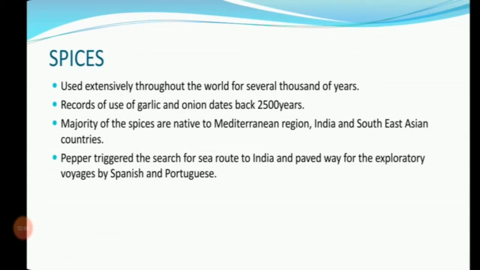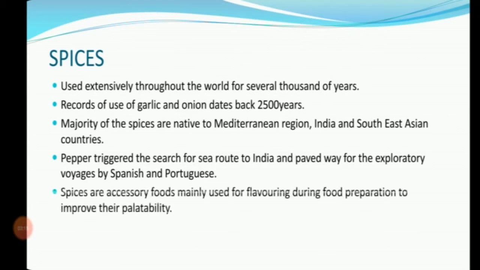Especially the Portuguese and Spanish came to India by sea route, through ship travel, in order to take the pepper. So spices have played a very big role in India.